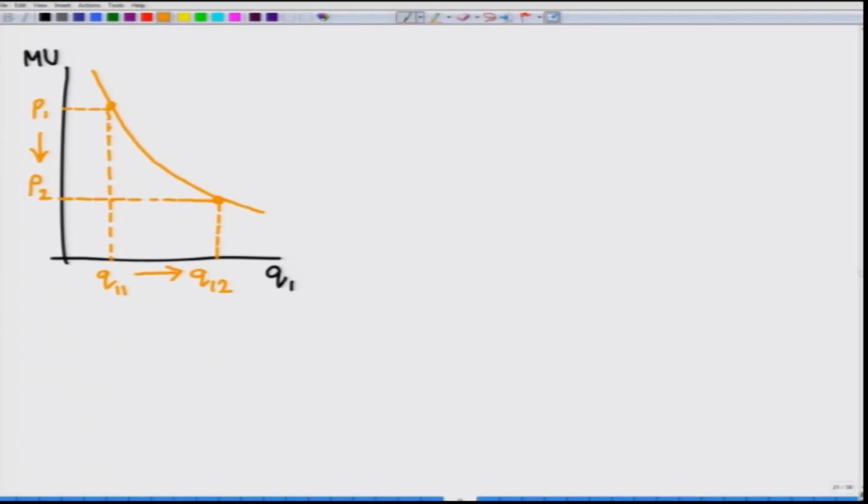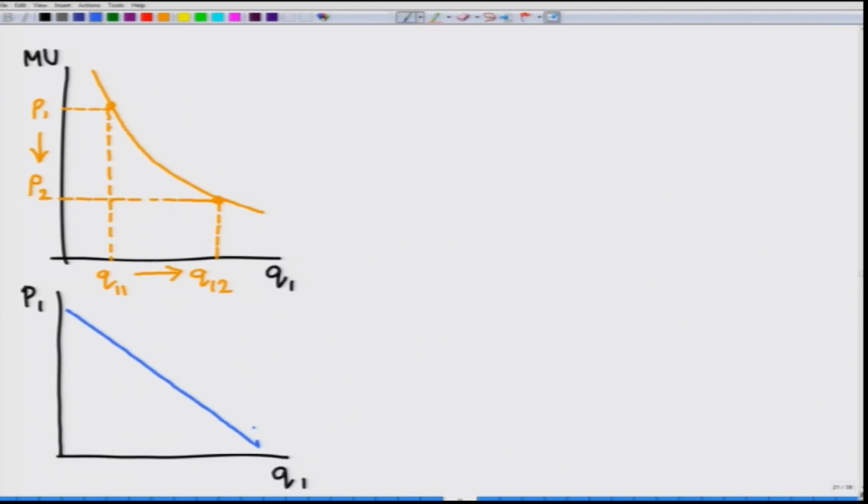Now, this discussion gives us the shape of the demand function, which is a downward sloping function. We do not know the curvature property of this function; it may be a straight line, it may be a curve convex to the origin as I have drawn in the upper panel. But for the sake of simplicity, we assume that we have a straight line demand function.